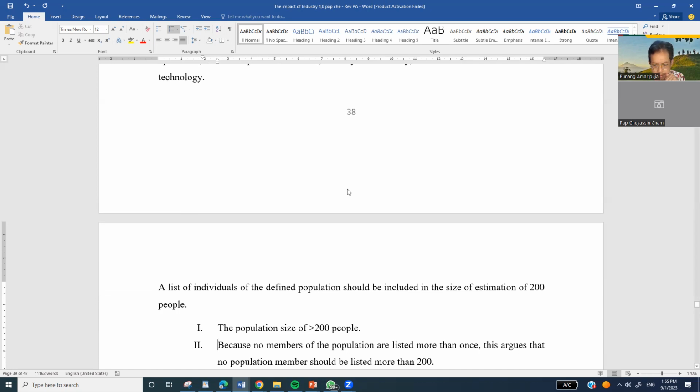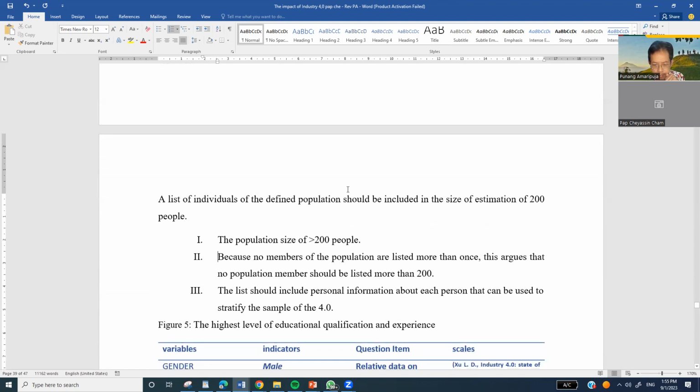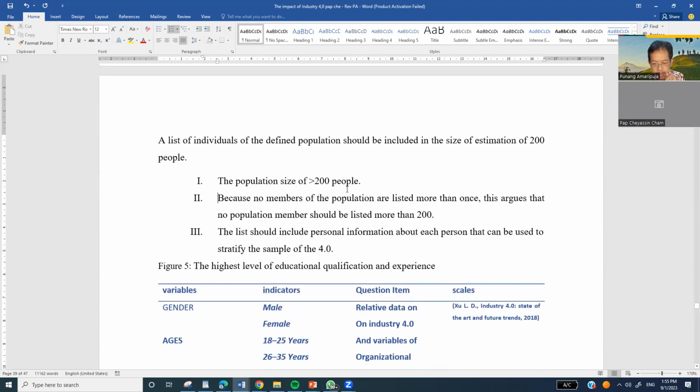Are they the owners of the company, or managers, or just employees? Yeah, they are employees, and the others are from small scale businesses, and some people who have experience.